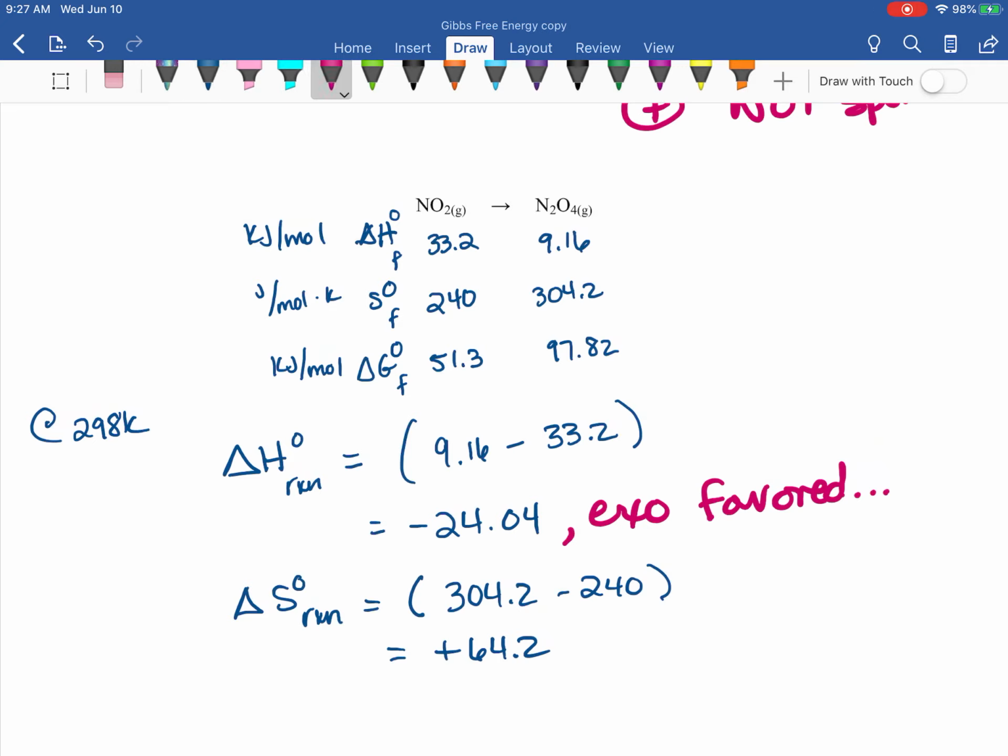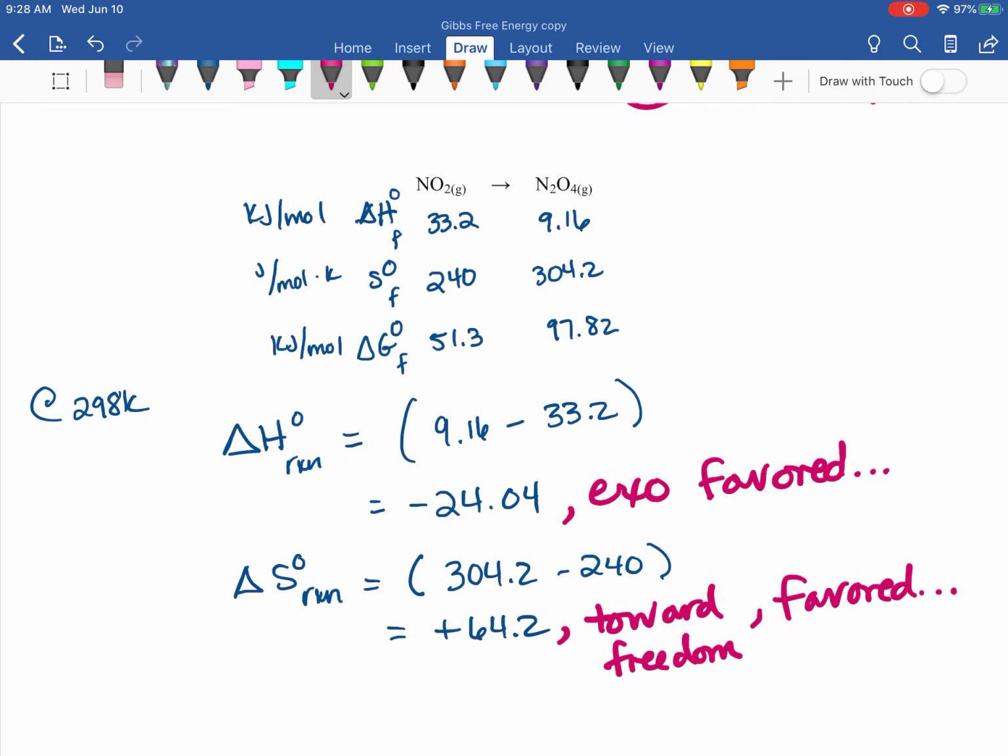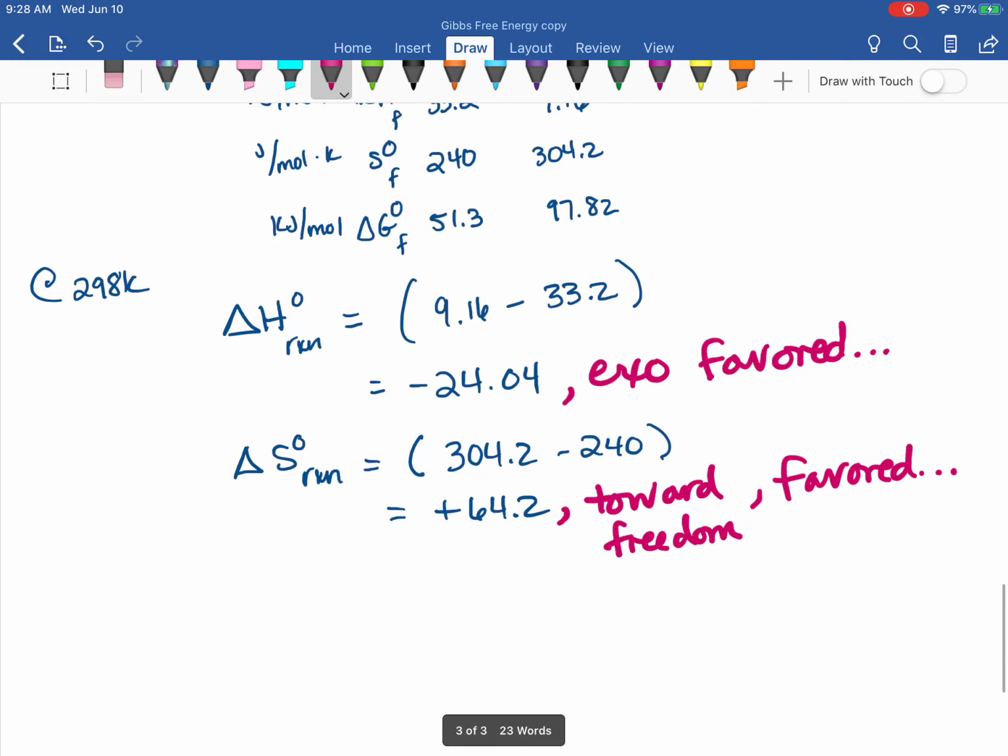Okay. So what does that tell us? That is telling us that that is going toward more freedom. Okay, so that means that's favored.